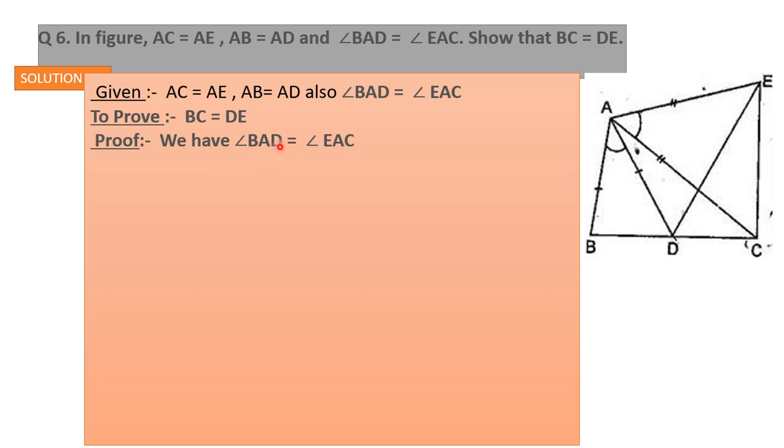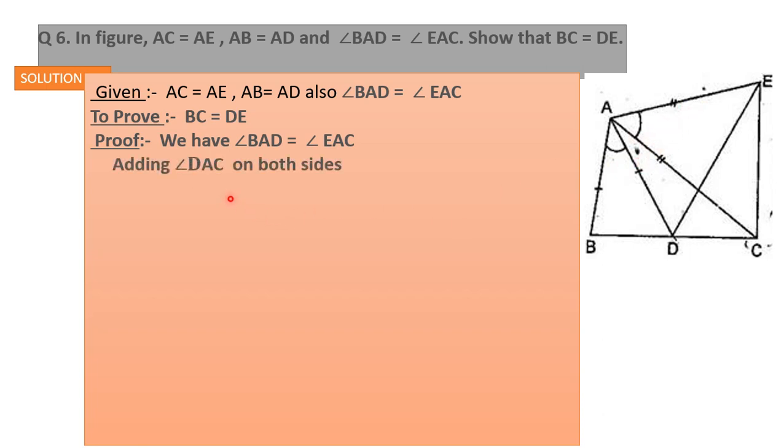As these angles BAD and EAC are equal, we add this small angle DAC to both angles. So for the triangle BAC we get angle BAC, and for the triangle DAE, after adding this angle DAC, we get the angle DAE.